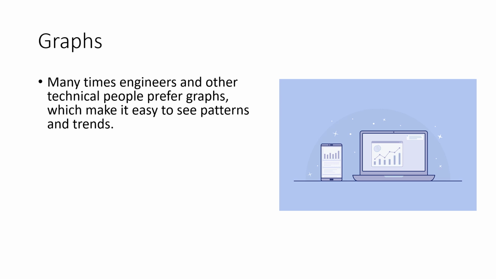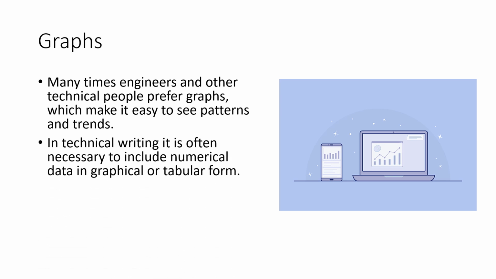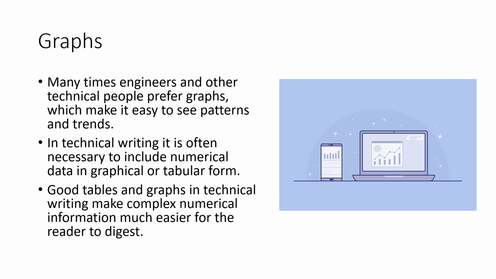On this date it was this, on this date it was this. So that's what we're talking about when we're talking about a graph. A lot of times you need to include numerical data in a report, but sometimes people don't want to look at just lines of numbers. So it's better to put it into a graphical or tabular form, which is a graph.